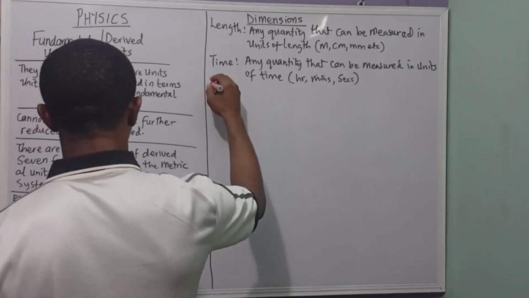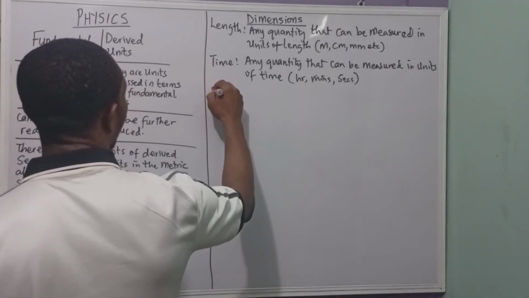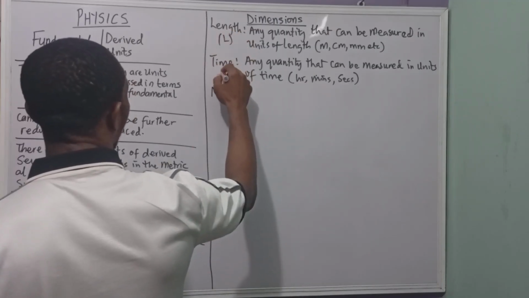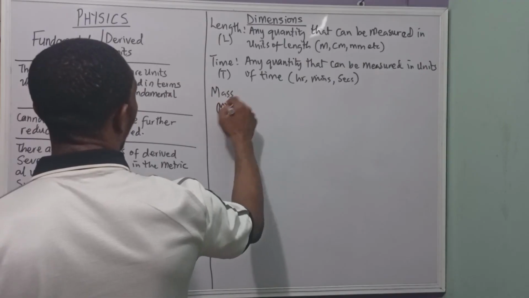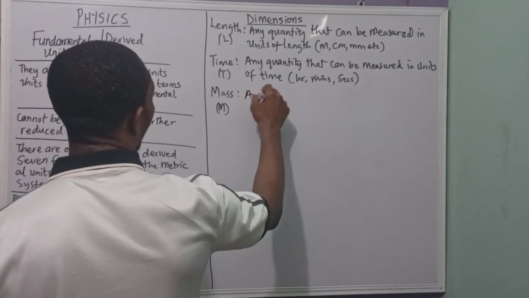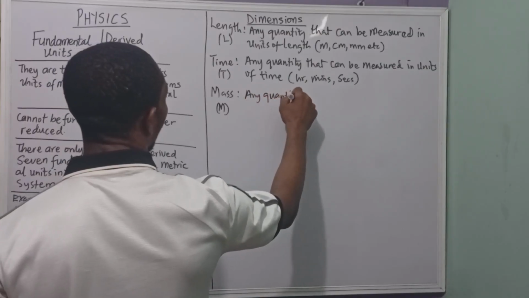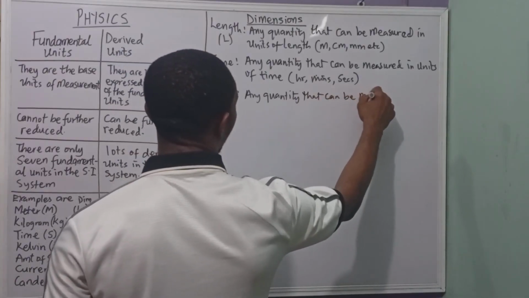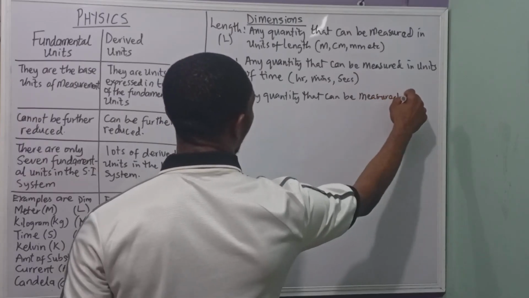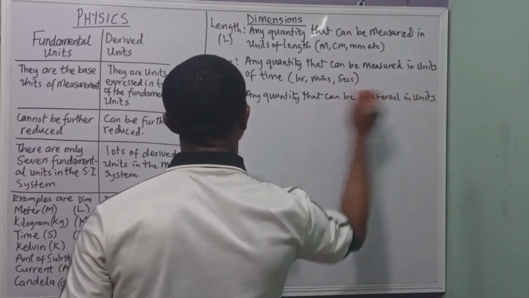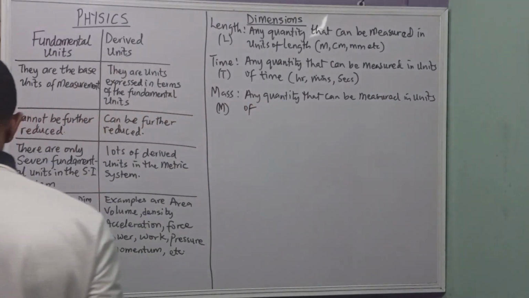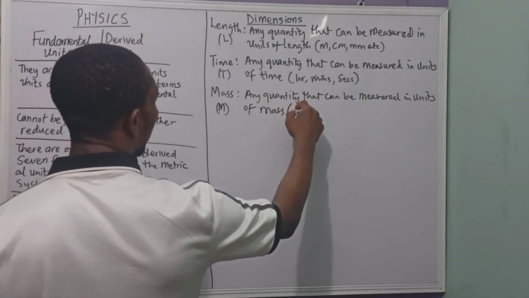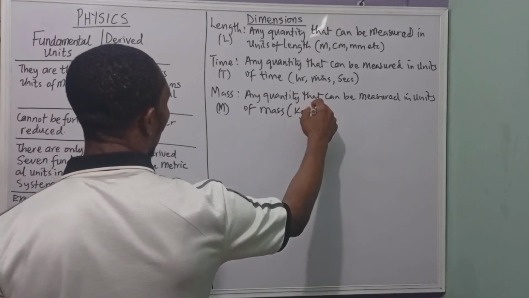For our mass, any quantity that can be measured in units of mass. We have kg, we have grams.